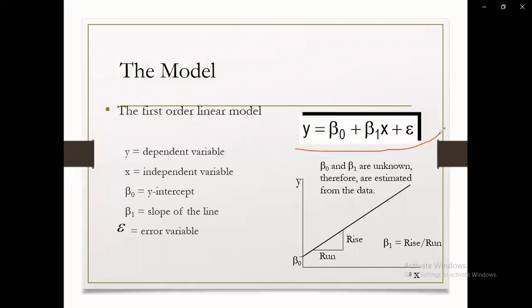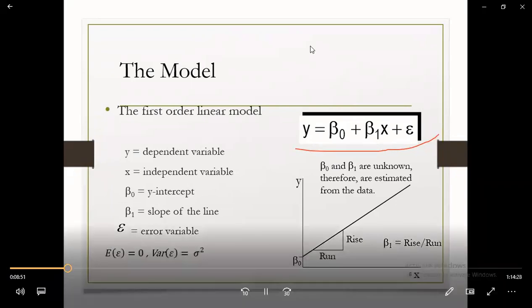And of course, the slope is indicated by the diagram there, which is the slope of the linear model. So as an assumption, there should be a linear pattern between your x and your y before you run a linear regression model. Very important.